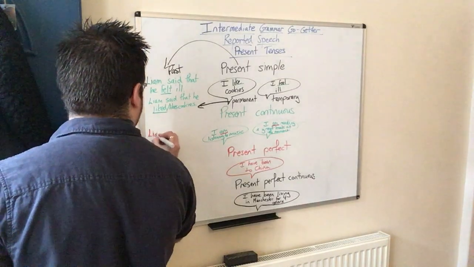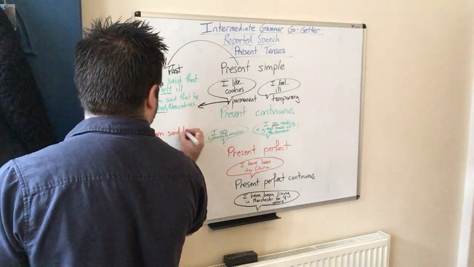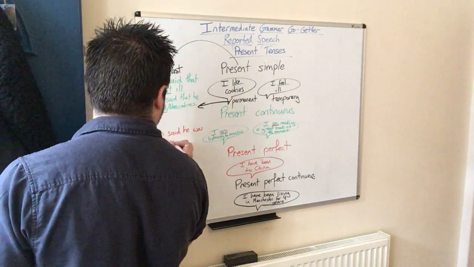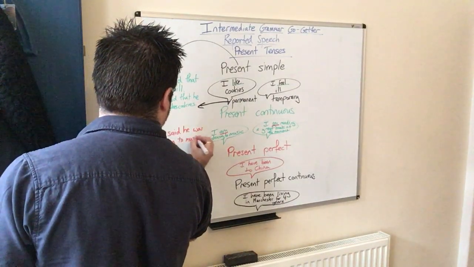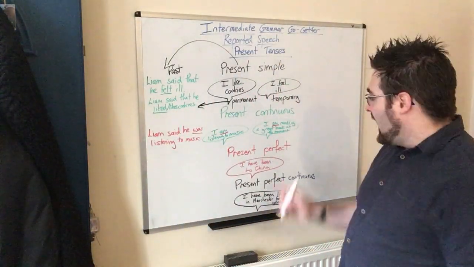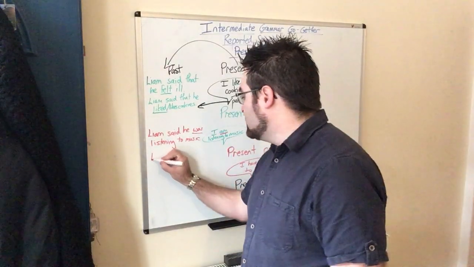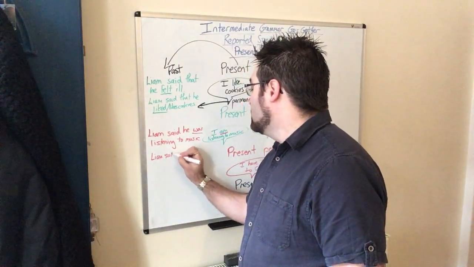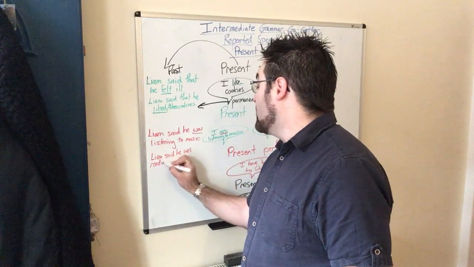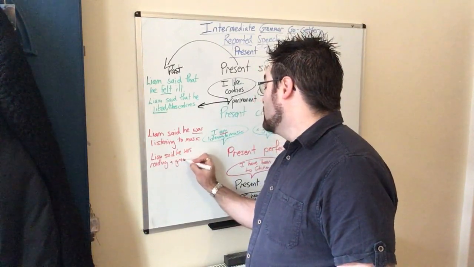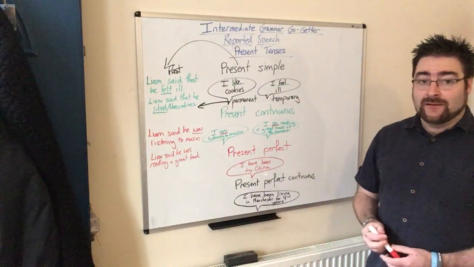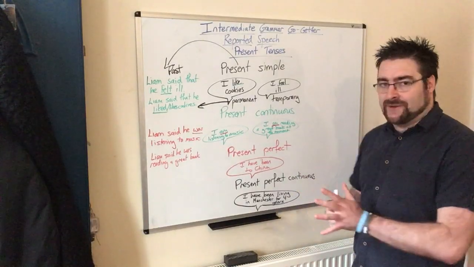So it would be Liam said he was listening to music. Okay, and notice that we've changed this part. And over here, Liam said he was reading a great book at the moment. Okay, so remember, if you're not sure, always change it.